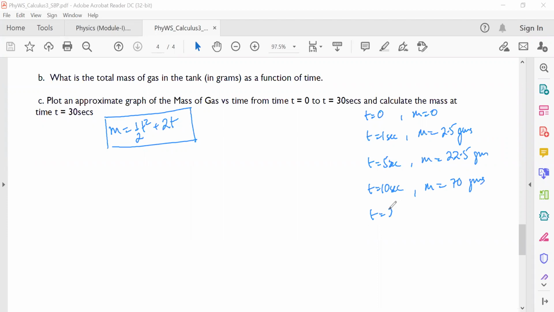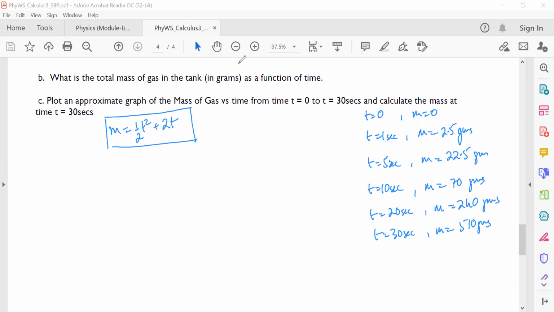Let's check at t equal to 20 seconds. M will become 400 by 2, so that's 200 plus 40, it's 240 grams. Let's check at 30 seconds. M would have become 900 by 2, that's 450 plus 60, so 510 grams.